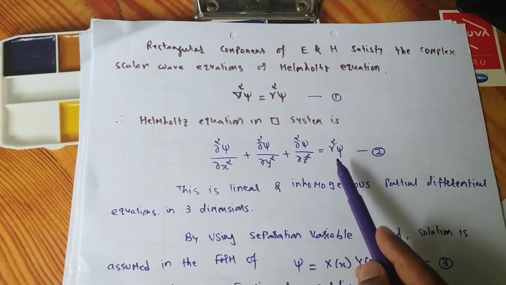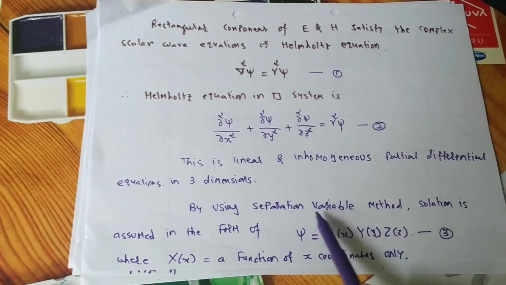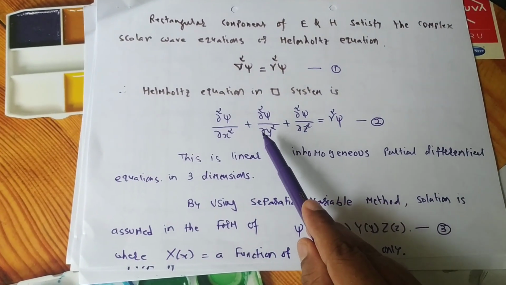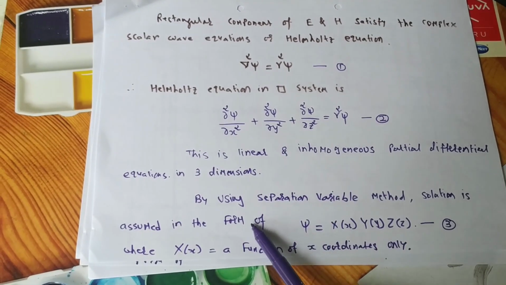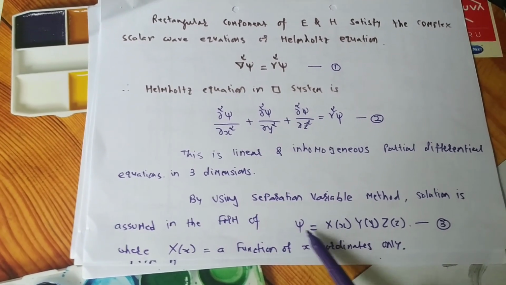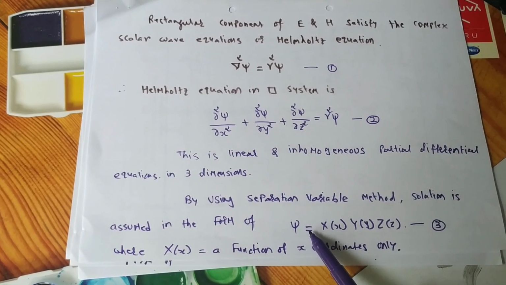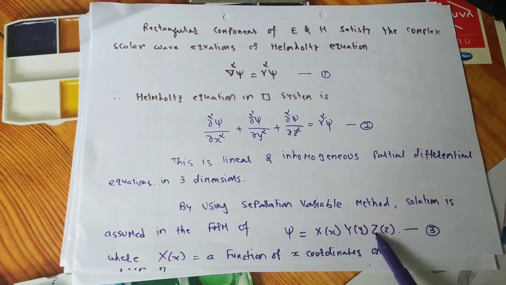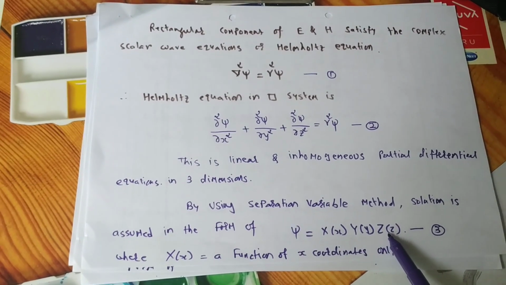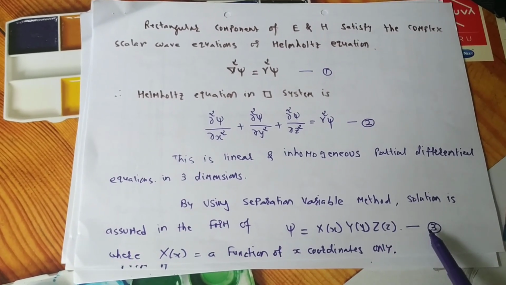By using the separation of variables method, the solution of equation 2 can be written in the form sigma equal to capital X of x, capital Y of y, and capital Z of z. I will consider this as equation 3.